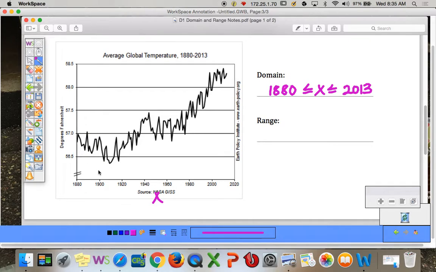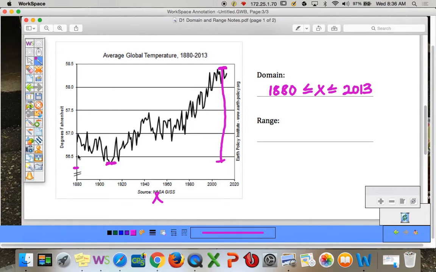The range, if we take a look at the Y values, so the lowest Y value and the highest value. It looks like this is 56.0, so I'll estimate that's about 56.